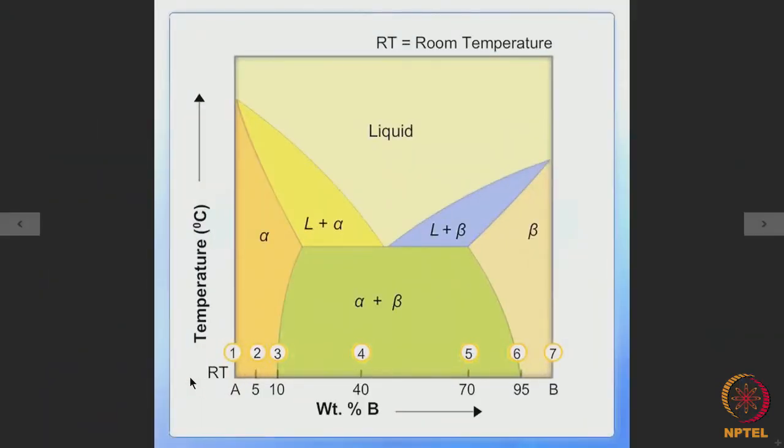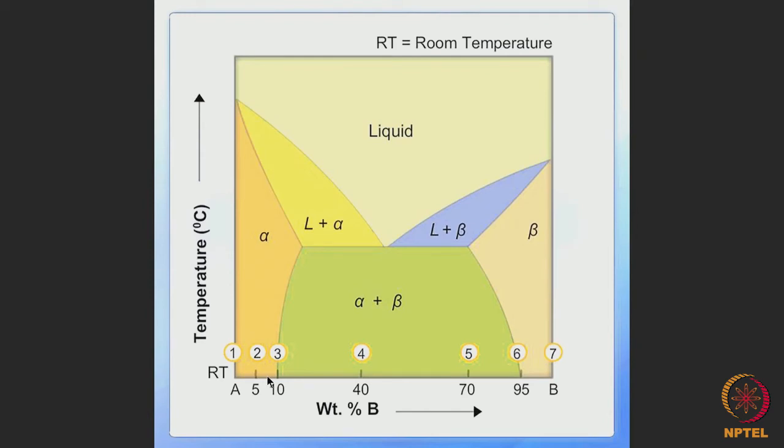Say for example, when we move from this composition to this and this, we are in the alpha phase, and if we assume that beta atoms are larger than the alpha phase, since the weight percent of beta is increasing, we will have here and here the alpha phase is the same phase, but the lattice parameters will be larger, or the d values will be larger.